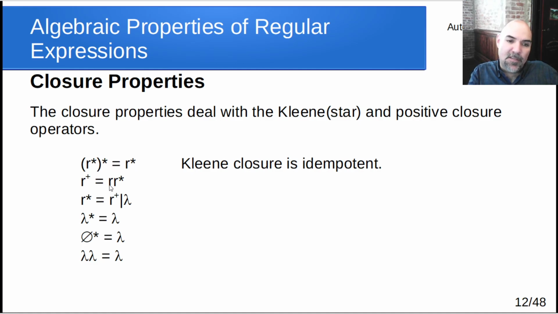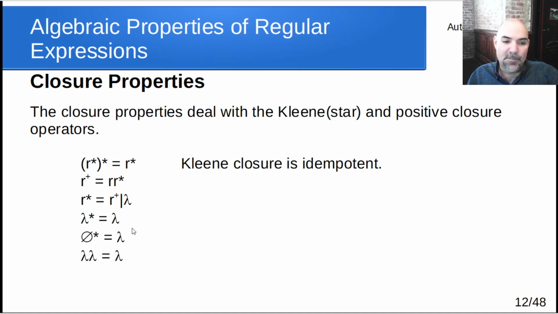Anything plus is the same as R star; we saw that from the first page. But then we also have this one: something star is the same as that thing plus, union with lambda, because that's the only difference between star and plus. Star includes lambda, plus does not. So if we union lambda in with this thing that does not include it, now it's the same as R star.